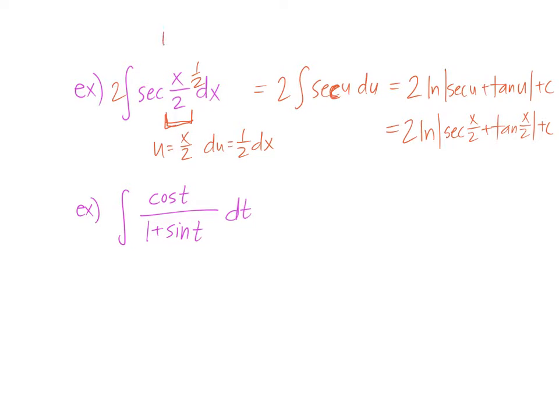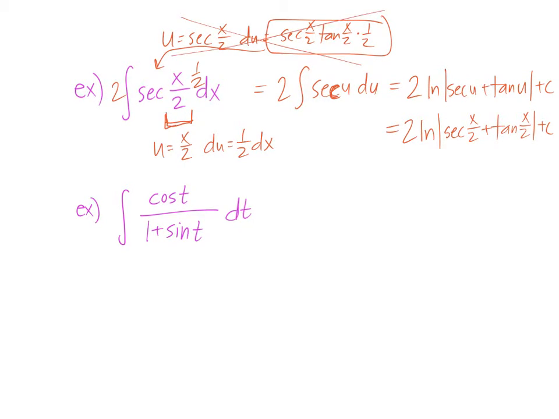We're not going to do u equals the secant, because if that were the case, the derivative of u would be secant tangent, and then chain rule 1/2, and I definitely don't see all of this stuff inside here. That's not the case. When you see a single trig function, the argument should be u.